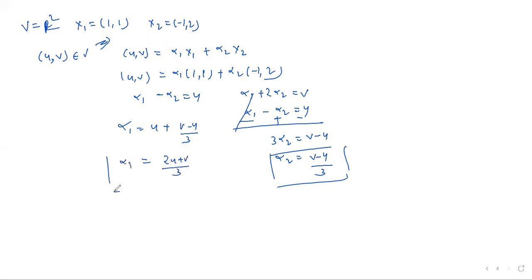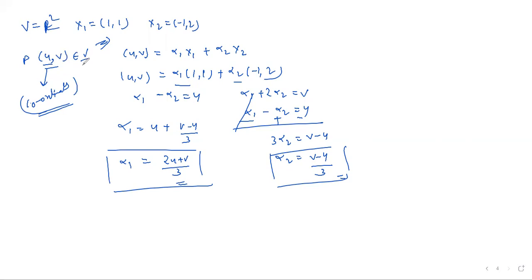This is my alpha 1. So the scalars I got, alpha 1 and alpha 2, are (2u plus v) by 3 and (v minus u) by 3. And what is this? This is the coordinates. I have defined the coordinates of any point which belongs to this vector space V.